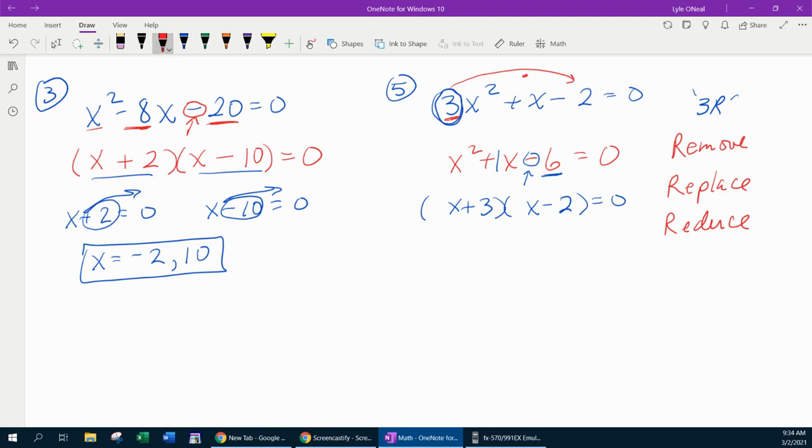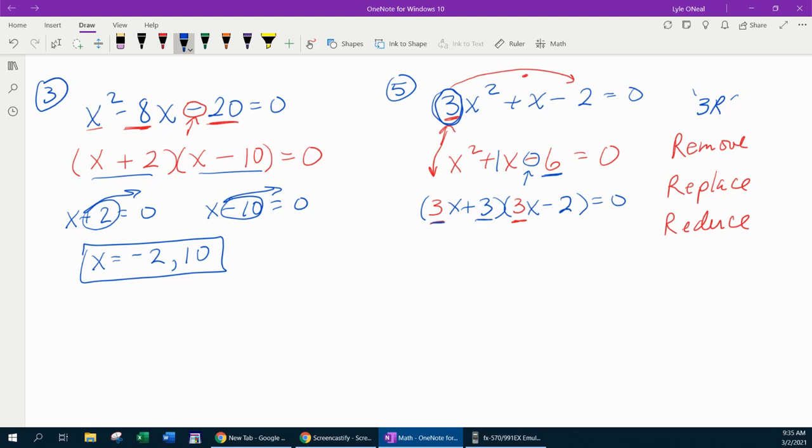Now, for the second R, we're going to replace. What did I remove? I removed the 3. Now I have to replace it. And do you see when I replace it, I have to put it in front of each x. And then we can do the third R, which is reduce.